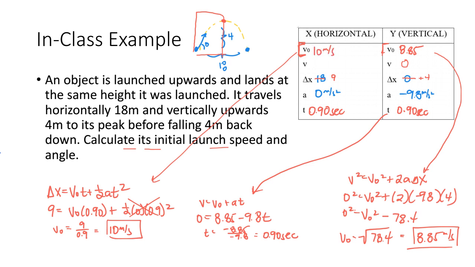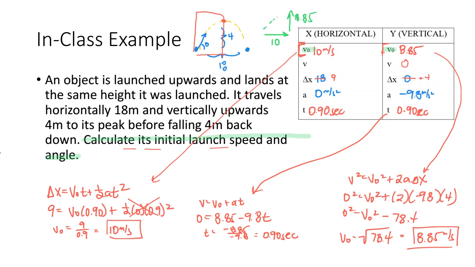Our very last step is going to be to calculate the total initial launch speed and angle using the horizontal initial velocity and the vertical initial velocity. We will make a triangle using the two components, horizontally 10, vertically 8.85.